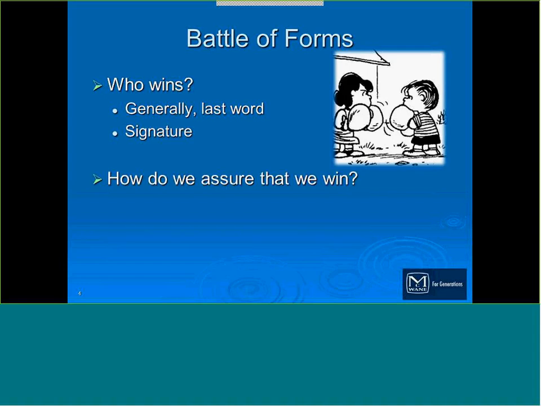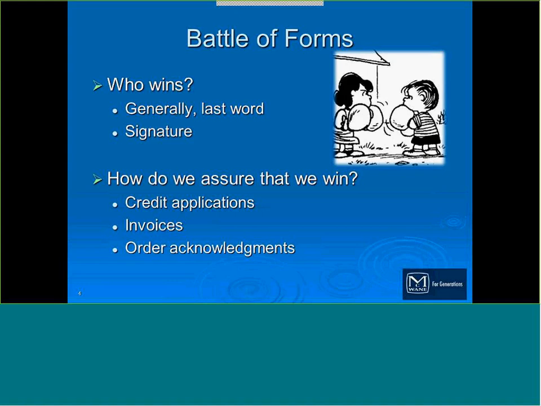So how do we as a company assure that we always win? Well, we don't always win, but how do we try to assure that we win? Because we like our terms. We spend a lot of time developing them, and they're protective of the company and the company's assets. One way that we assure at McWane that we win is that we include our terms and conditions on all credit applications, all invoices, order acknowledgments.